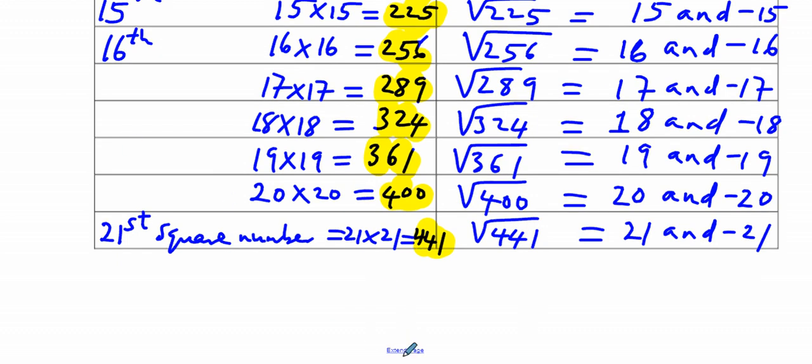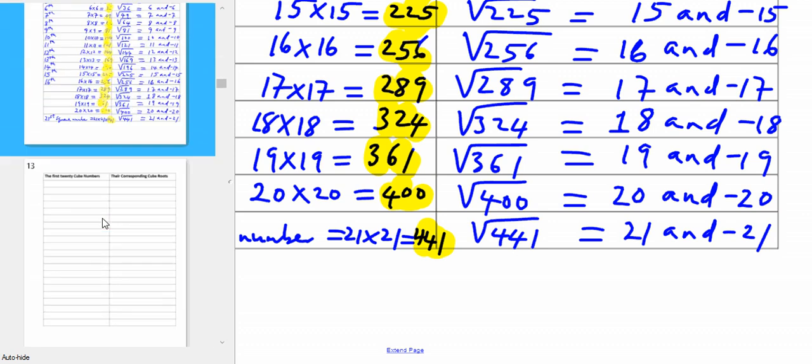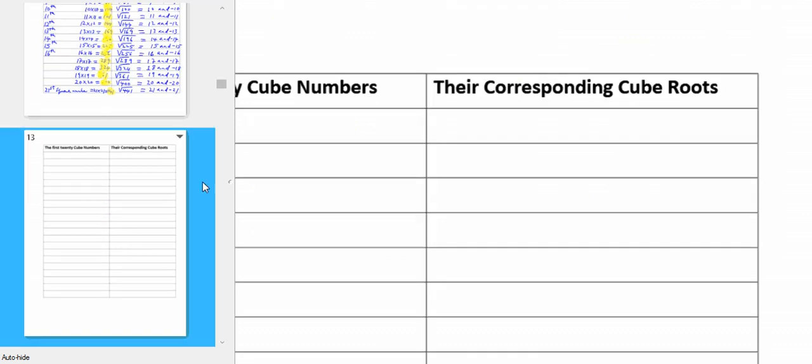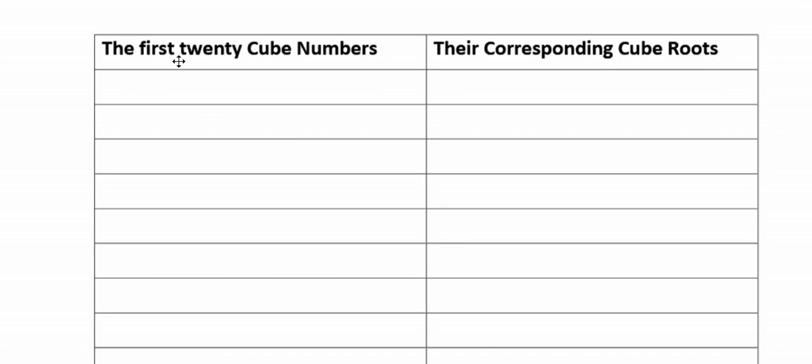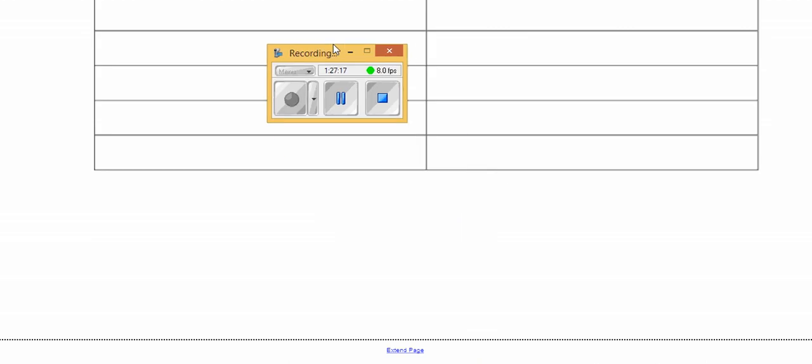This marks the end of this page, and for today we can end here. When we meet next time, I will show you how to generate cube numbers and how to find their corresponding cube roots. But for now, let us stop here.